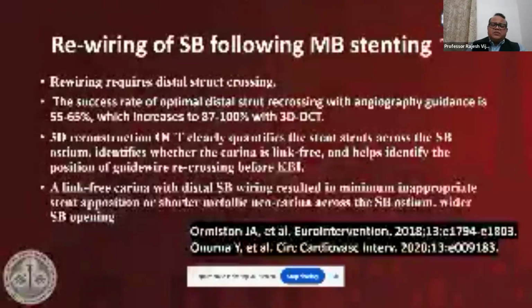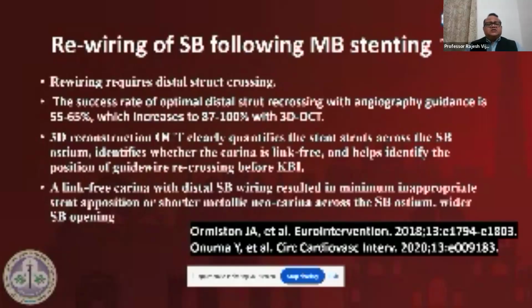Regarding the rewiring of the side branch following main branch stenting, as you all know, there is a need to have a distal strut crossing whenever you go ahead with left main to LAD stenting and then another stent or balloon dilatation across the LCx. Angiographically, going distally versus proximally with so-called fluoroscopic guidance, the success rate is around 55 to 65%, while with OCT with 3D reconstruction, the success rate increases to say 90 to 100%.